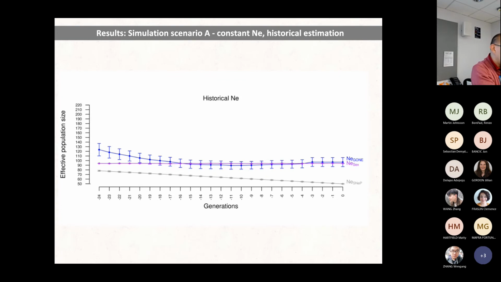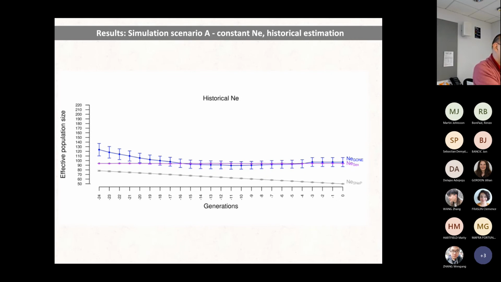If you look at the original papers of Santiago, they made simulations that are more on a long term, and on a long term you would see that it's quite good.